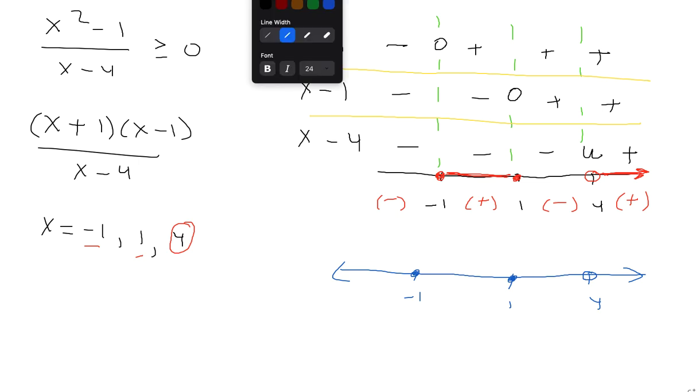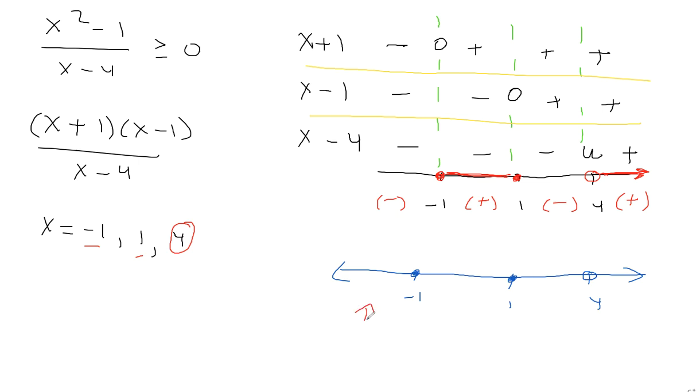And then I could do test points. So here you could literally do x equals -2 and plug it in and see what happens. x equals 0, plug it in there, see what happens. Between 1 and 4, I would probably pick 2 because it's convenient. And then out here you would pick x equals 5.